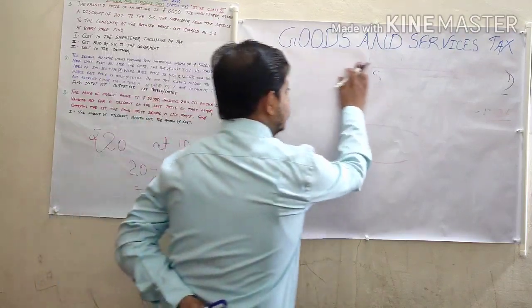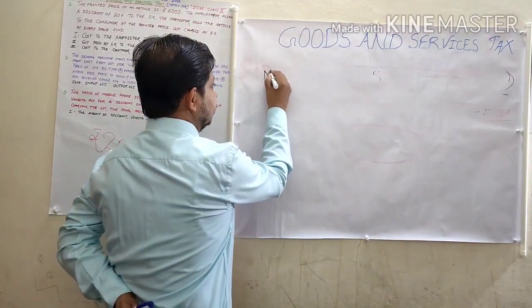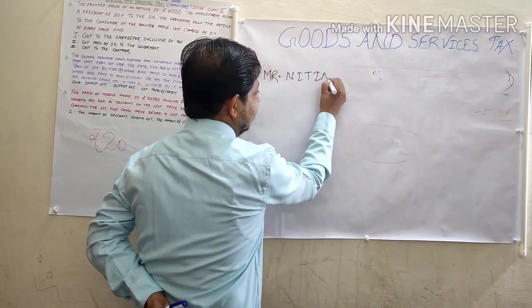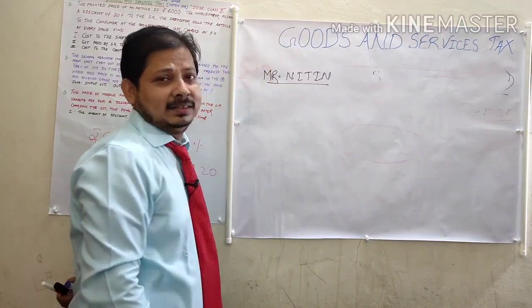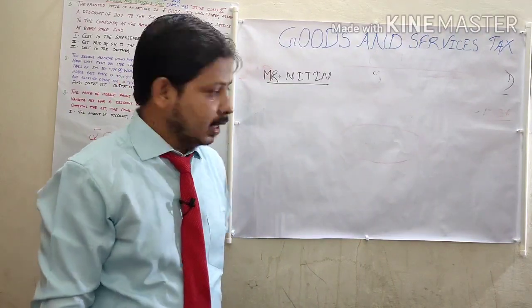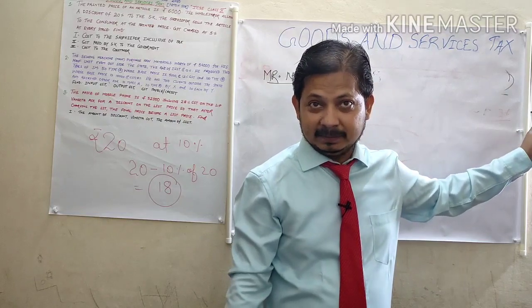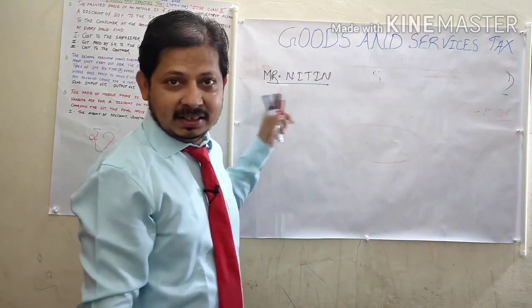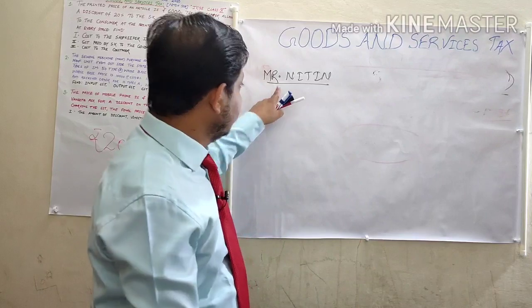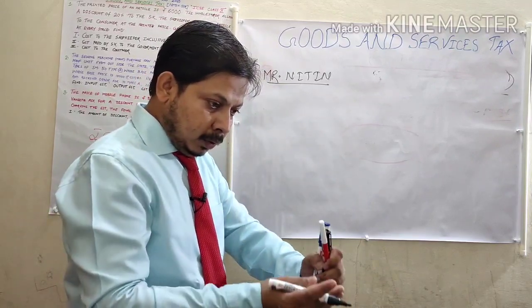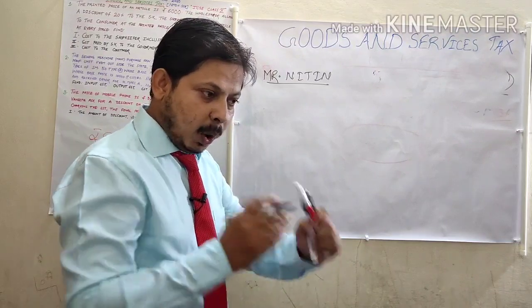So suppose Mr. Nitin, myself. Mukesh Ravi Mathematics 2020, Mr. Nitin channel. This is my channel name, and as a teacher, Mr. Nitin wanted to establish one company.